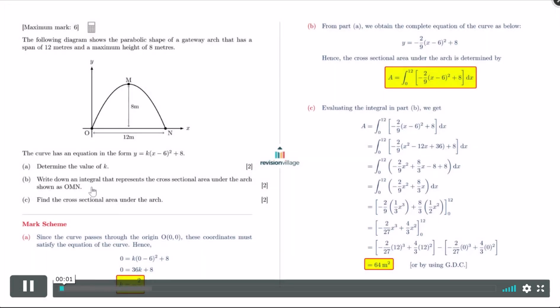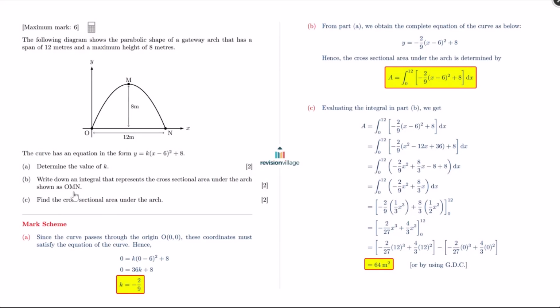Part B asks you to write down an integral that represents the cross-sectional area under the arch shown as OMN, so from O through M down to N. Basically, this is asking for an integral that represents this shaded region, the area under the curve, which is also the cross-sectional area underneath this gateway arch.